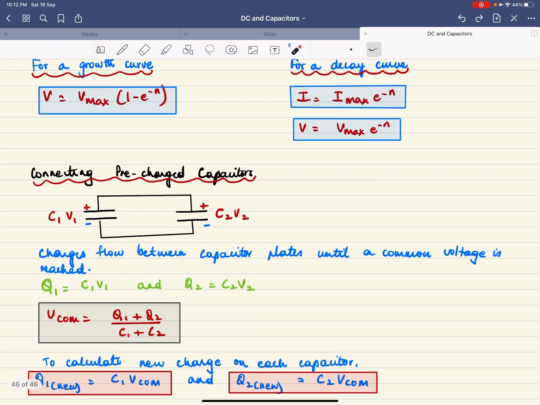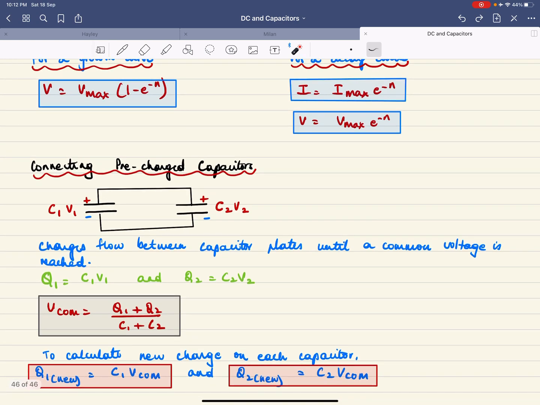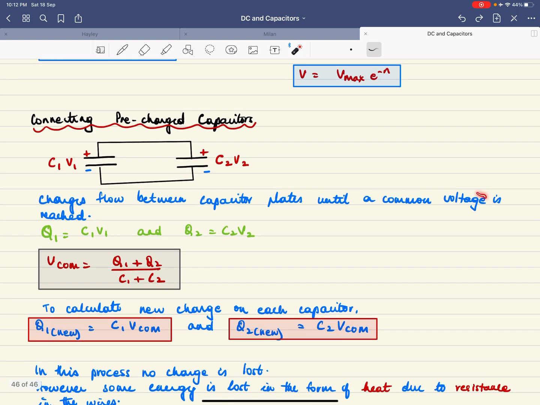The last part, what happens when you connect pre-charged capacitors together? So this one's where they're connected in parallel because the positive plates are joined together. So that's two different capacitors charged, so they have a voltage across them. So what actually happens is charges flow between the capacitor plates until a common potential or a common voltage is reached.